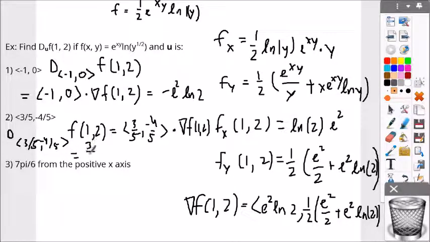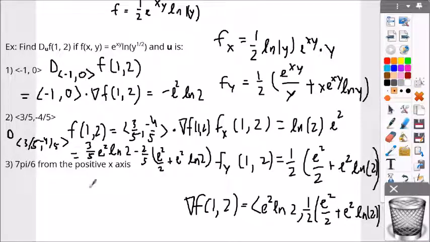It's going to be 3/5 times e squared natural log 2 minus 4/5 times 1/2 times e squared over 2 plus e squared natural log 2. It's a very, very messy function. I honestly don't even know whether or not this is positive or negative. I think it's negative.